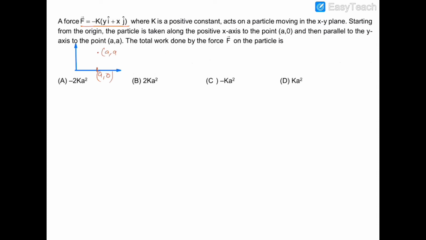Now we are taking this particle from origin to this point and then to this point, but we need to find out the total work done by this force in taking the particle from O to B via A. Okay, now if I calculate the work done by integration, then I know that dW is equal to F dot ds, and the ds here will be two-dimensional elemental displacement, which is dx I cap plus dy j cap.